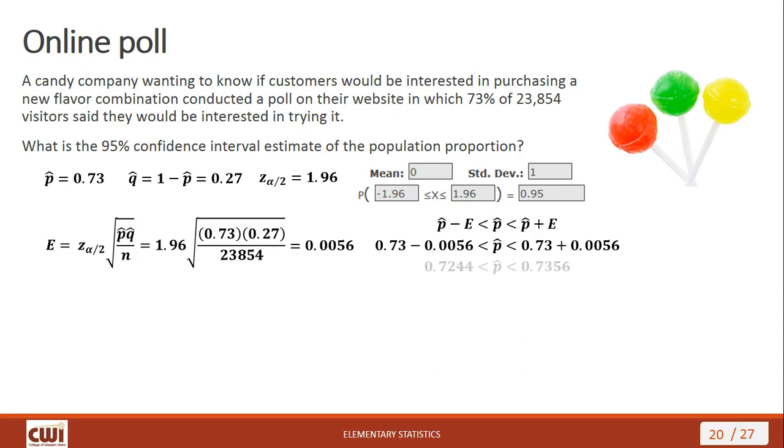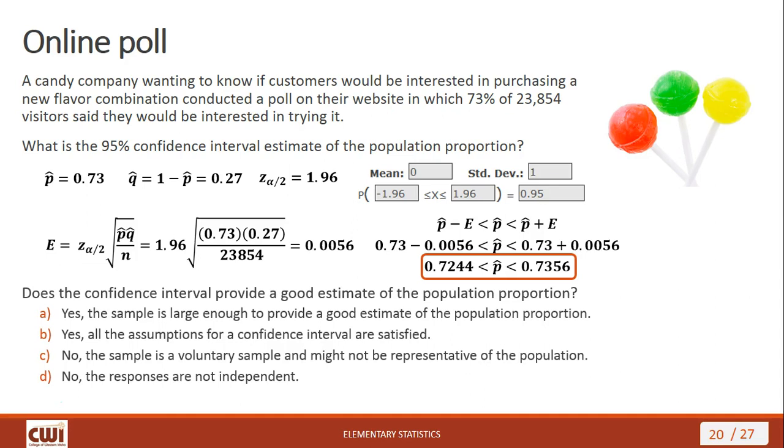Calculate this out, and we get 0.7244 to 0.7356, which, rounded using the convention of 3 decimal places, will then be 0.724 to 0.736. This is our 95% confidence interval estimate of the population proportion.